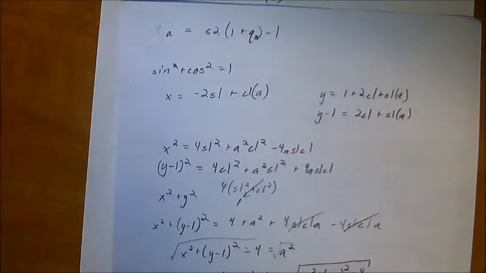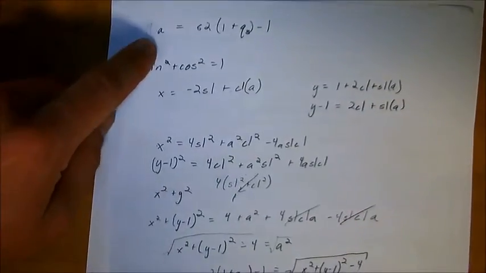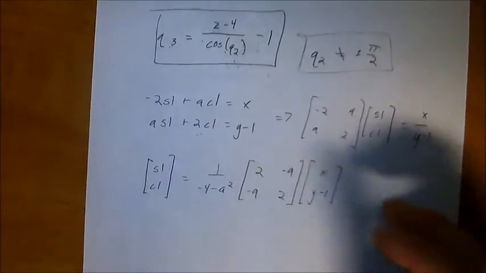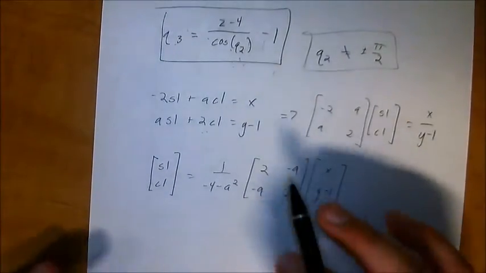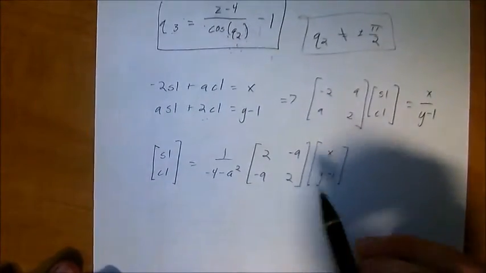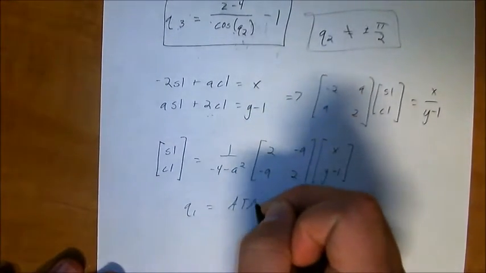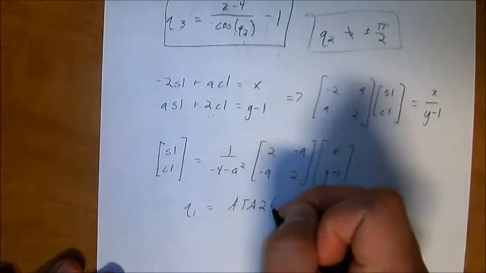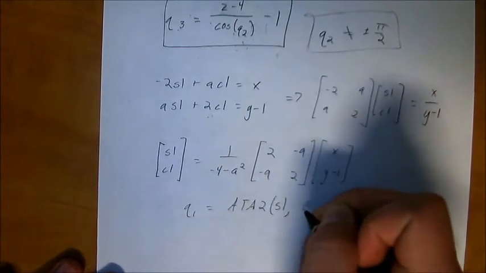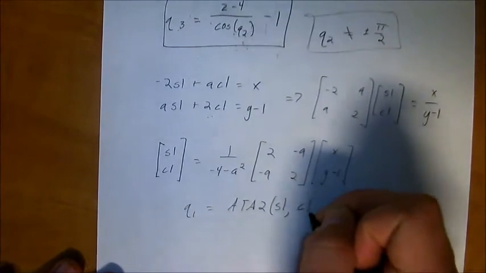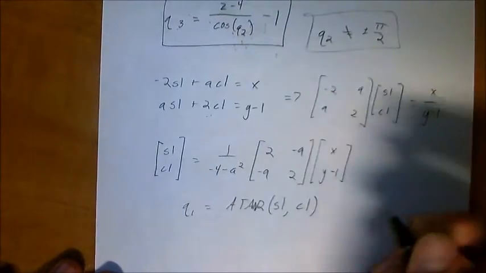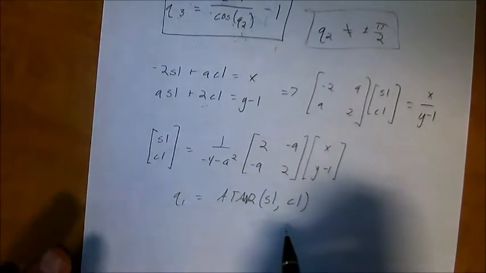And again, you have a equal to sine squared 1 plus q3 minus 1 up there at the top right here. So remember that. If you go through and solve all this stuff out and do all the math on that, you'll end up with q1 equal to the arctangent of S1 over C1.